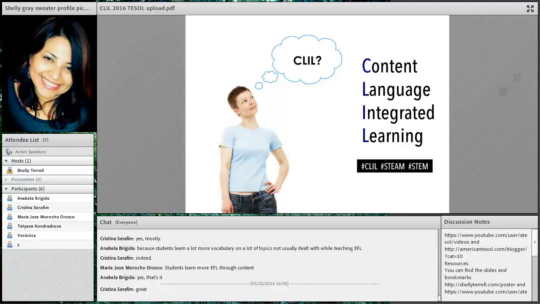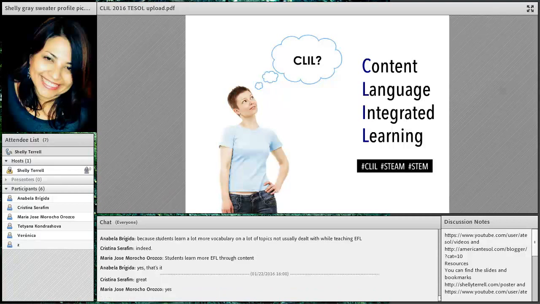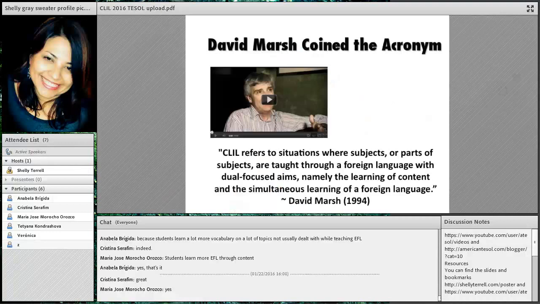Instead, the teacher will teach geography or biology, and then they also teach English as well. So for teachers, it can be difficult because it's hard to figure out what's the right balance. So it may be tough at first if you start it. If you look at STEAM and STEM, they have a lot of science, technology, math, and so you'll find a lot of good resources for CLIL there too.